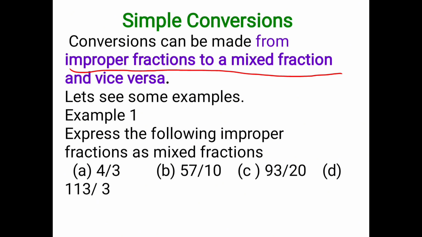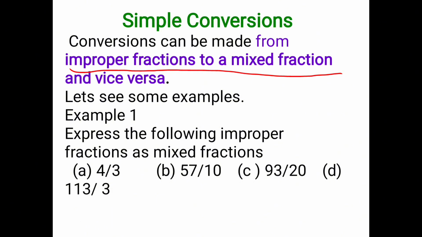We are to express the following improper fractions as mixed fractions. You can see these fractions are improper. This is 4/3. This is 57/10, 93/20, and 113/3, right? So we have to convert them to mixed fractions.